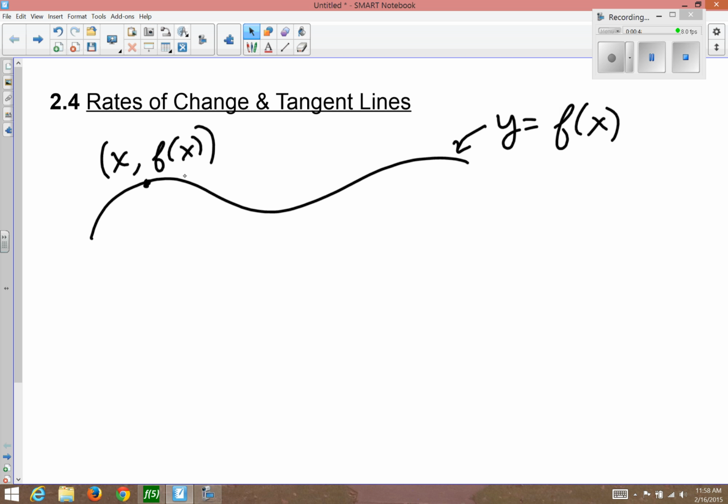If I move along the function to another point whose x-coordinate is the x-coordinate in this first point plus delta x, meaning some change in x, the y-coordinate would be f of this number.